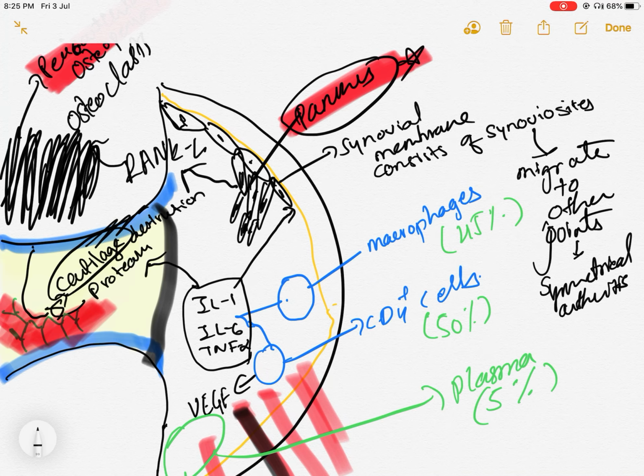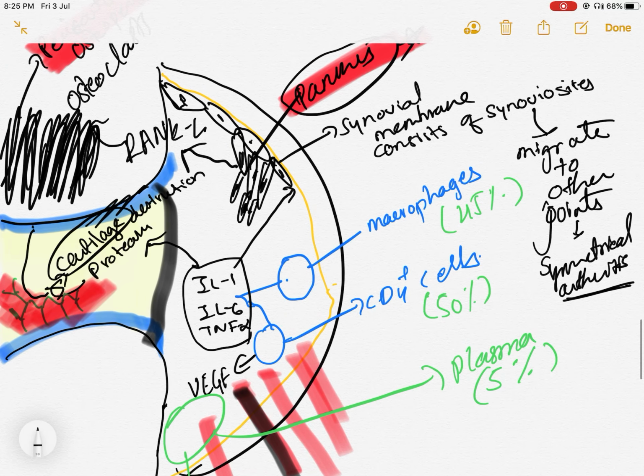Suppose the right wrist joint is inflamed. The synoviocytes from the right wrist joint go and cause left wrist joint synovitis. As a result, there is symmetrical involvement of joints.